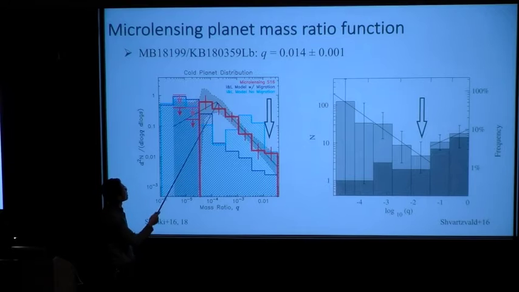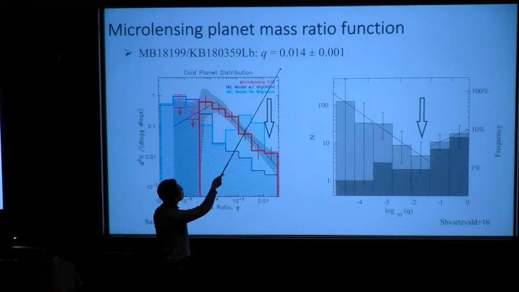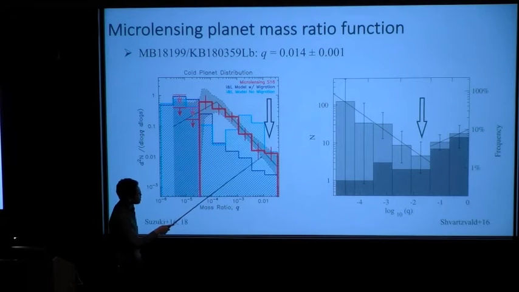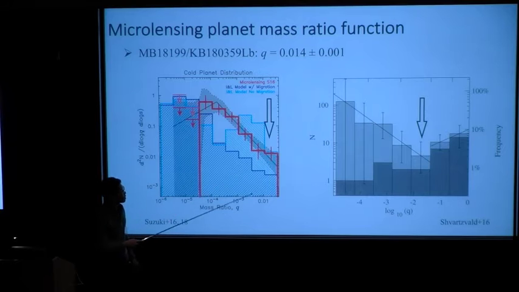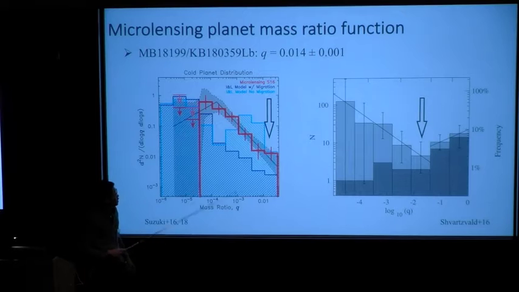This planet has a mass ratio of 0.01, which will fall in this mass ratio bin. So actually, the planet frequency in this mass ratio bin can be explained by the population synthesis model without migration.